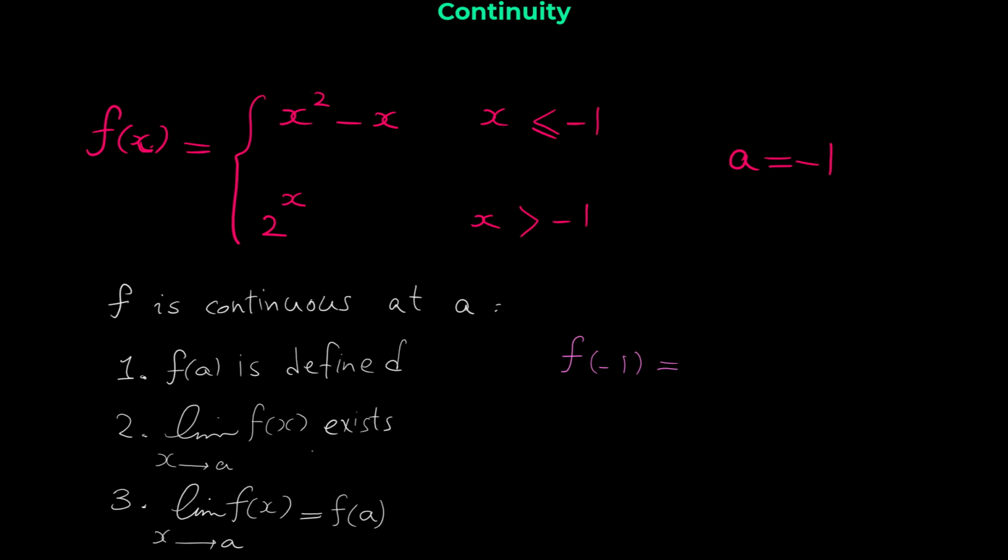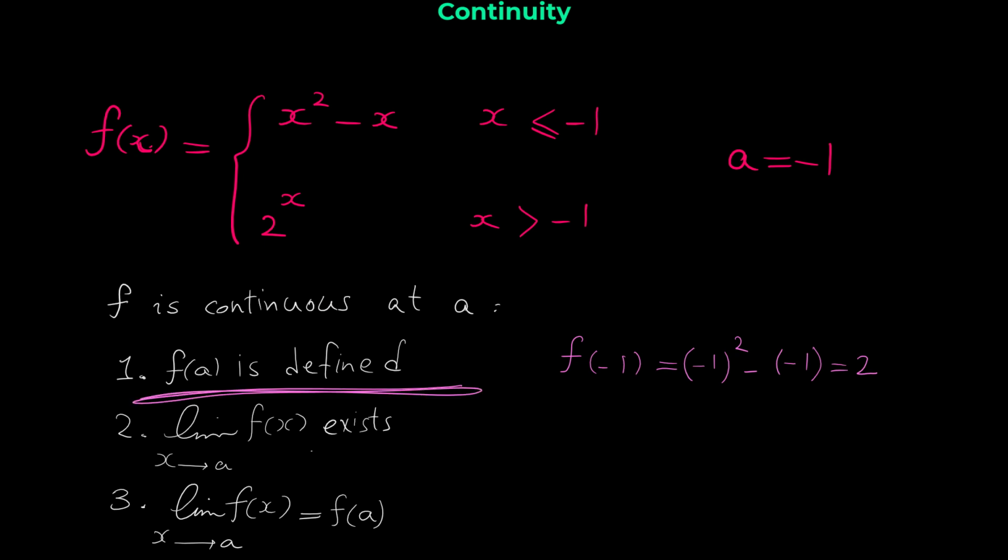So f(-1) would be (-1)^2 minus (-1). (-1)^2 is 1, minus -1 is also plus 1, and 1 plus 1 would be 2. So as you can see, f(-1) is 2. So the first condition for continuity is true and is satisfied by the function. Let's see, is the second condition also satisfied or not?